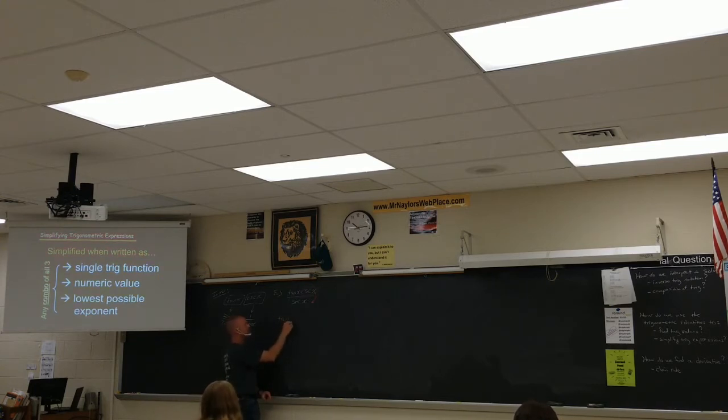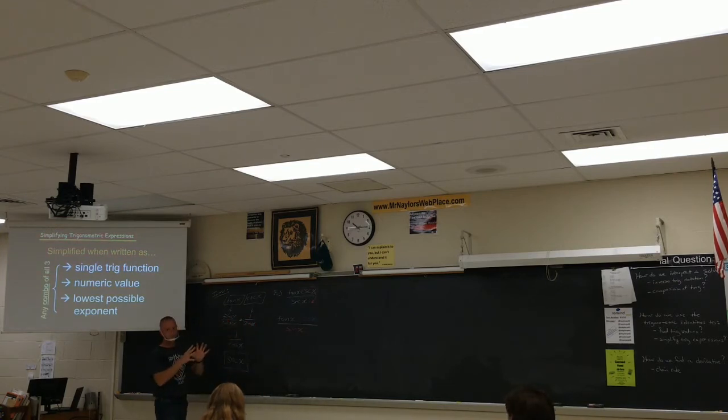Instead, I'm going to show the result. The result of flipping secant, doing its reciprocal, gives you a new function: the cosine function. It's the same thing with this cosecant. I'm doing its reciprocal by flipping it, but I get a new function: the sine function.